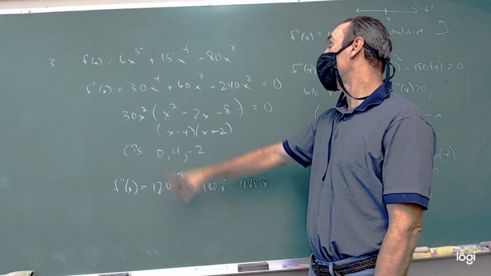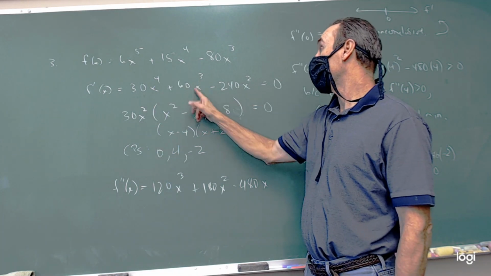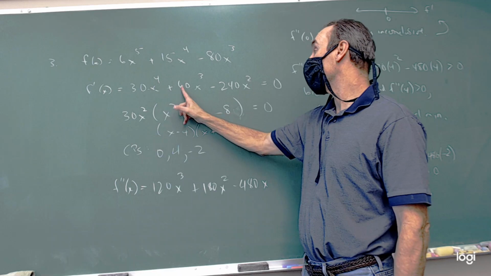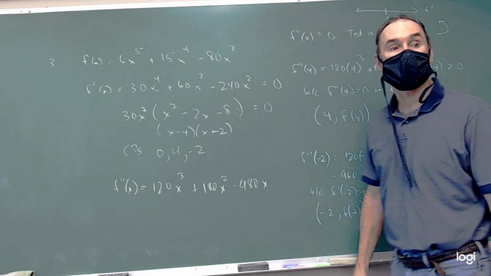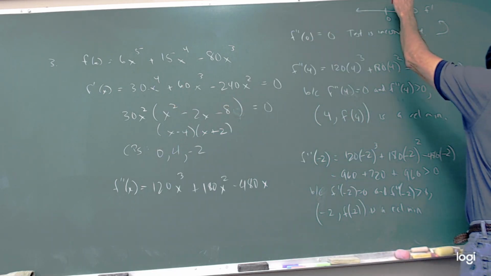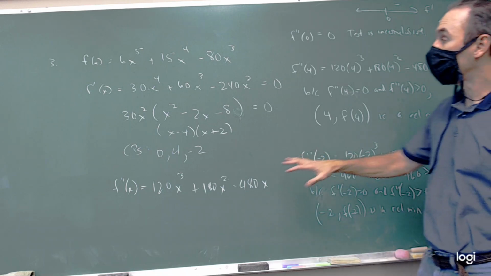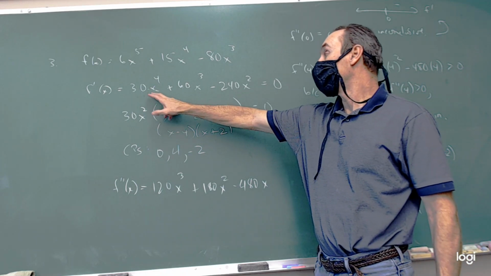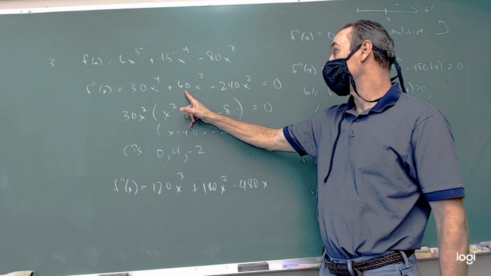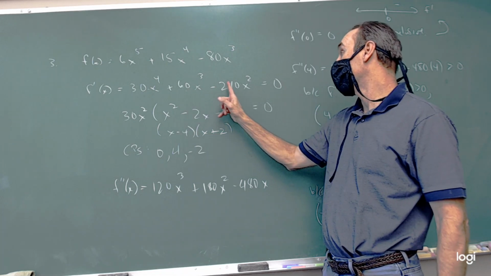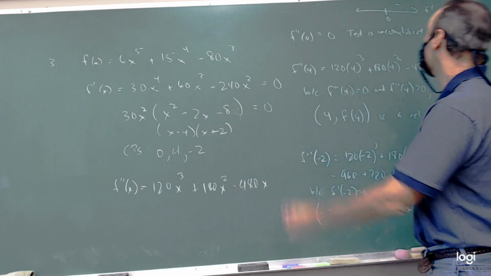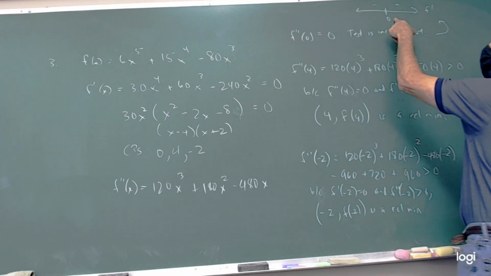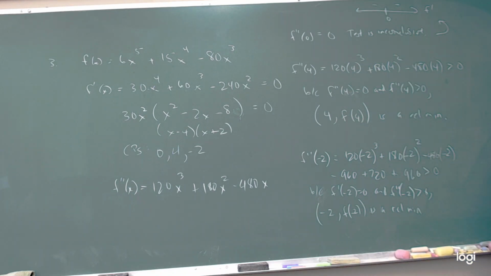If you plug in 1, because 1 to any power is just 1, that's 30 plus 60 is 90 minus 240 is negative. So 1 is going to be negative. If we plug in -1, then we get 30 minus 60 is negative 30, minus 240 is negative. So in fact, this is not a relative min or a relative max.